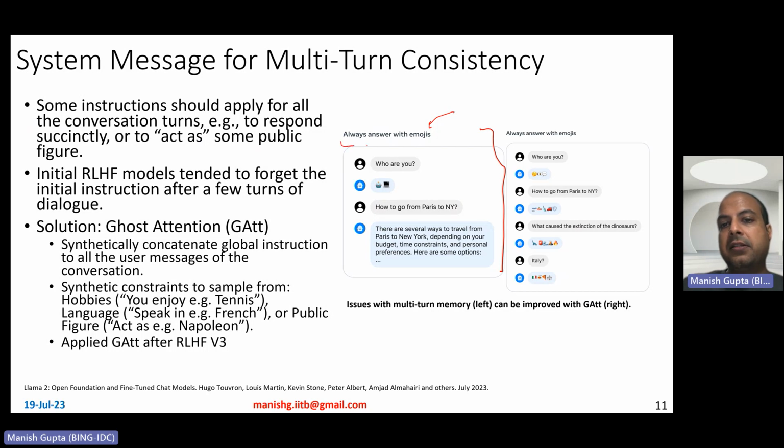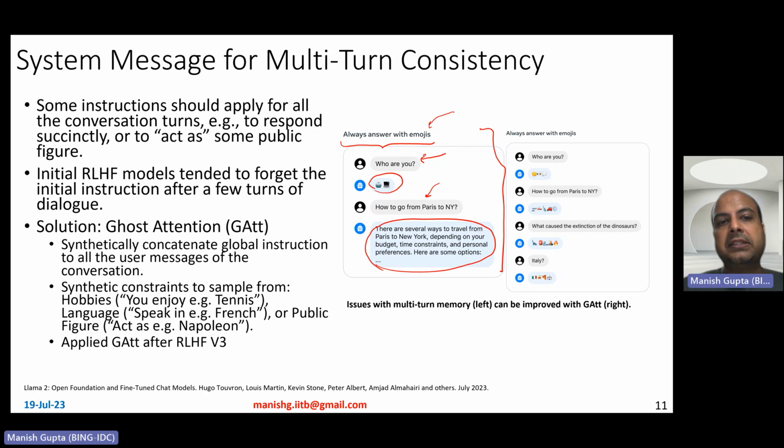So, always answer with emojis. Then the user says, who are you? And the system is supposed to reply with emojis. Similarly, the user says, how to go from Paris to NY? The system was supposed to reply in emojis, not come up with this kind of stuff.